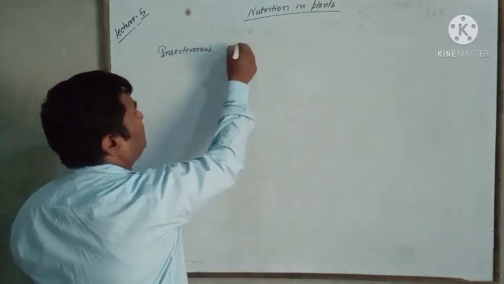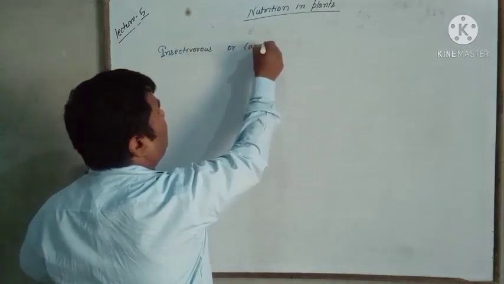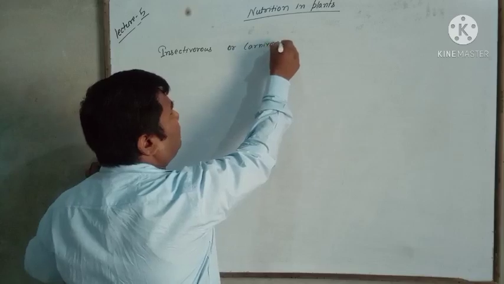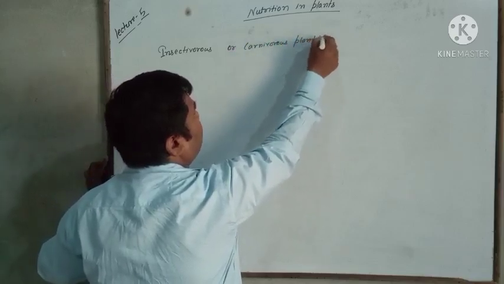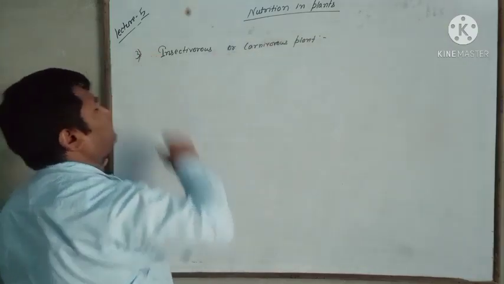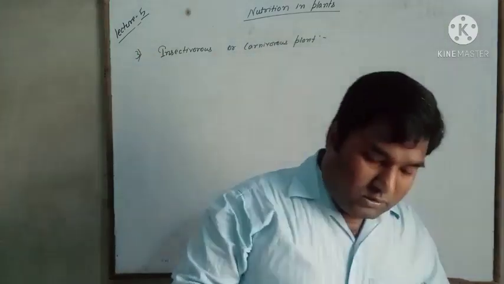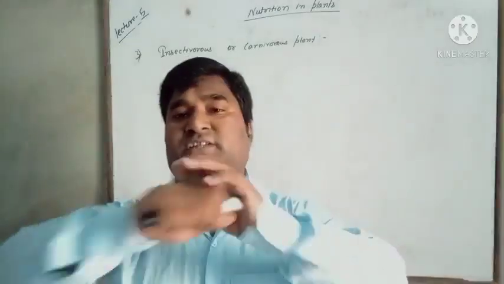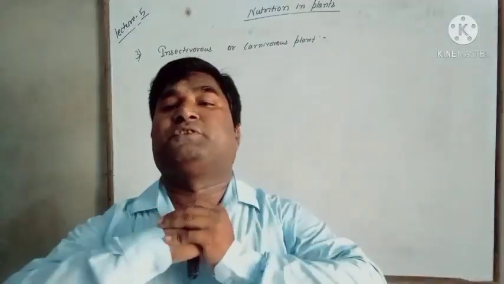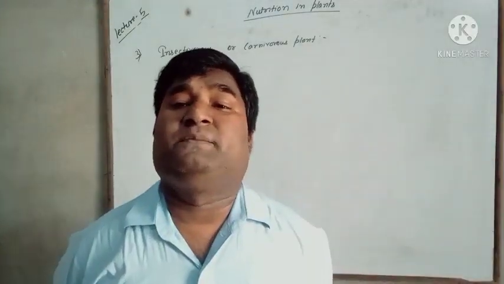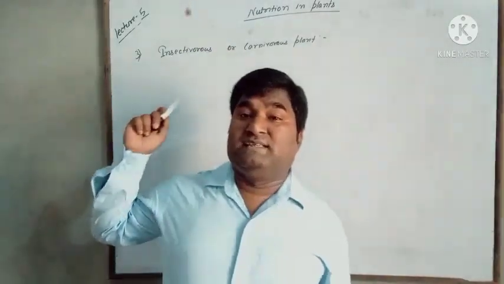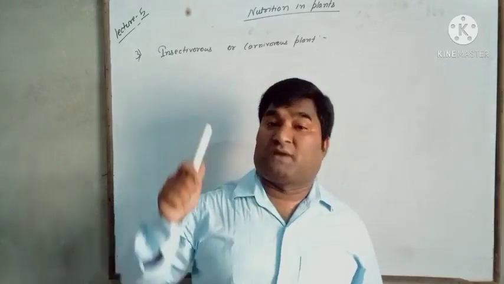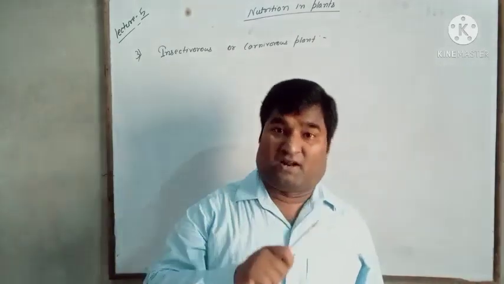Insectivores or carnivorous plants. This is the third one. I told you in the beginning that heterotrophic nutrition is seen in non-green plants. But one thing I must tell you, these insectivorous and carnivorous plants are green plants.